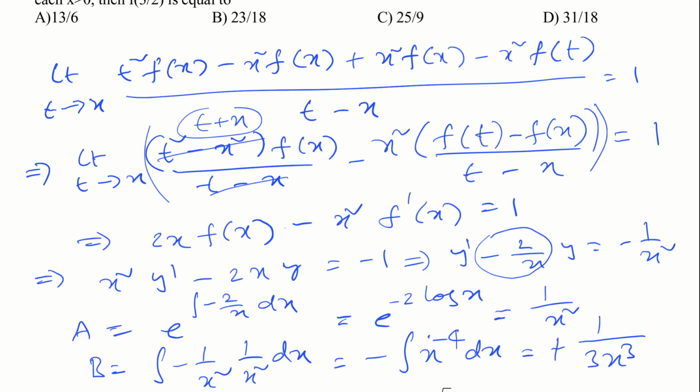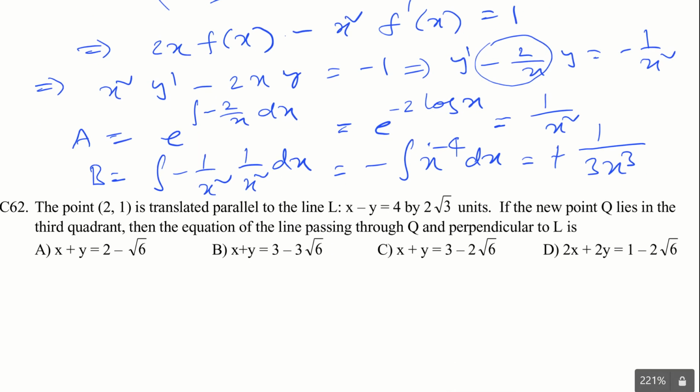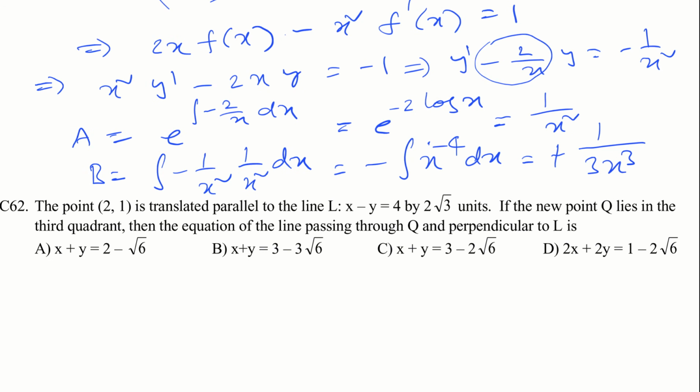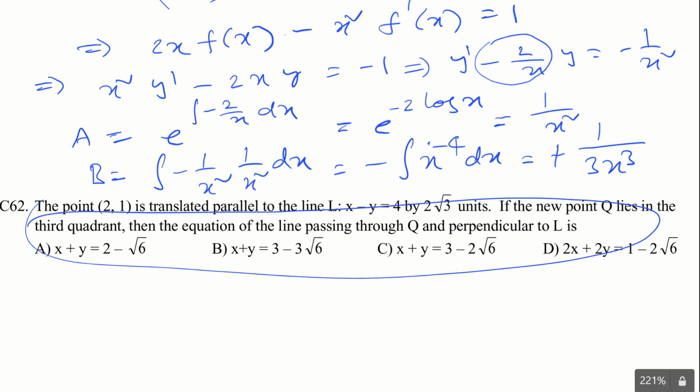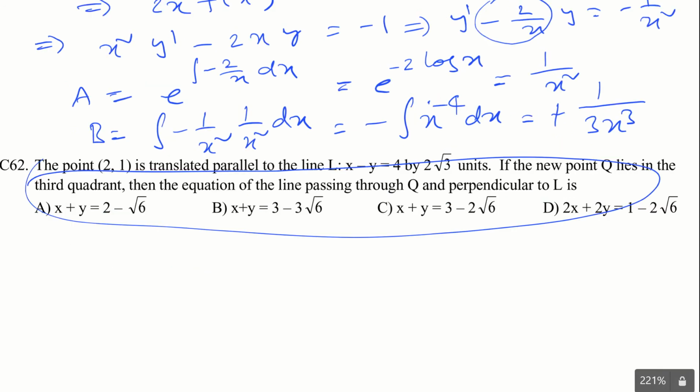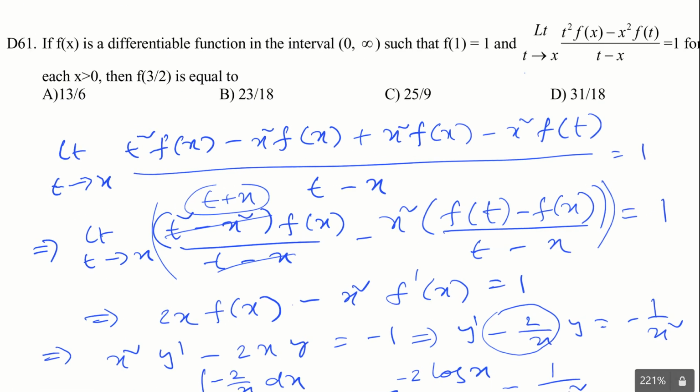So now I write the general solution of the differential equation. So the general solution is y into a, that is y into 1 by x square, is equal to b, that is 1 by 3x cube plus c. And now he gave that f of 1 is 1.